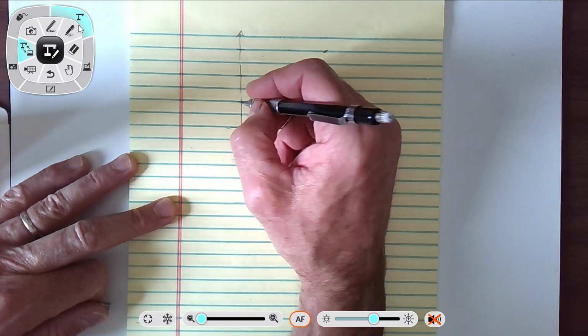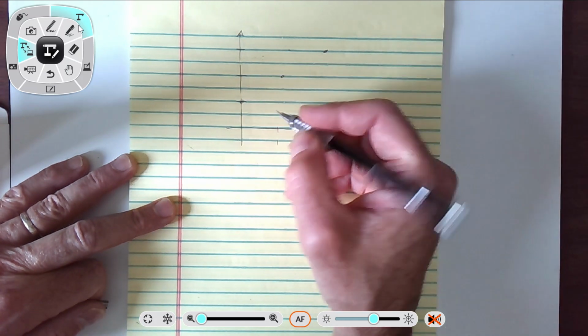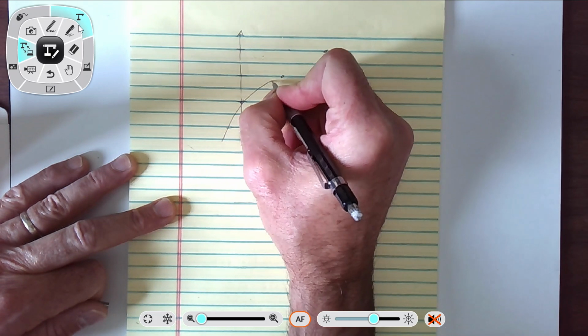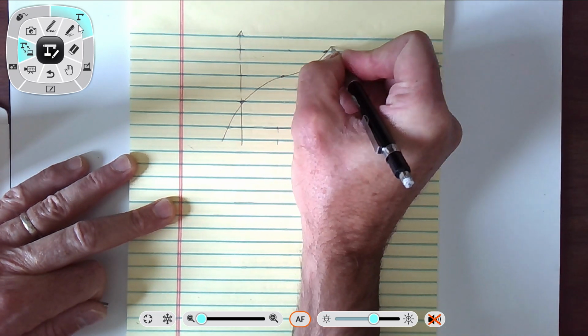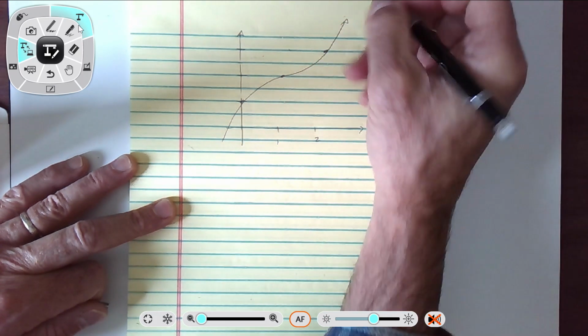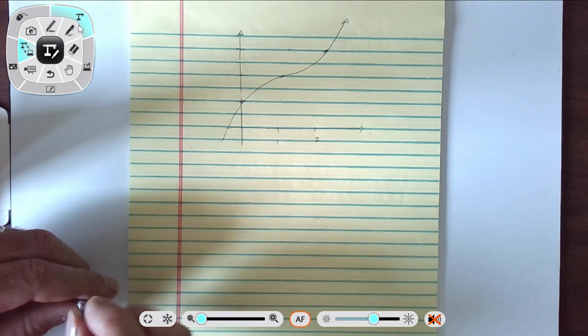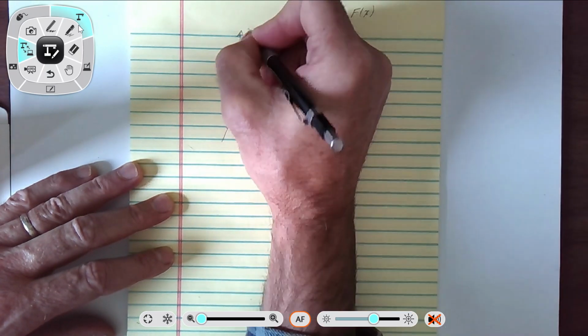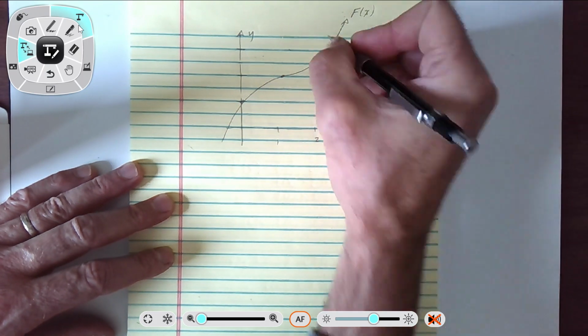And it had a y-intercept of 1. So those are 3 points on the graph. I think it kind of came up like this, and then went up like that. So this is our f of x.